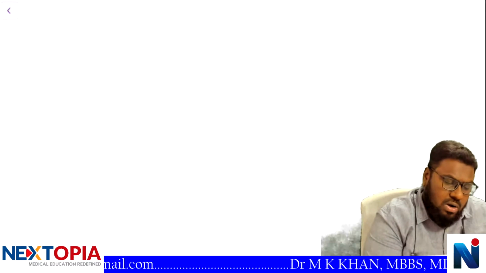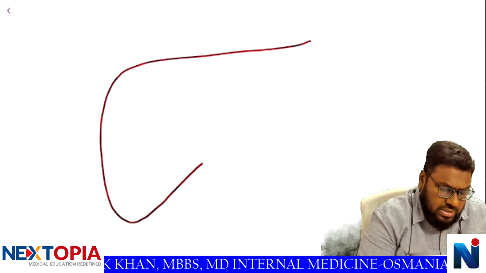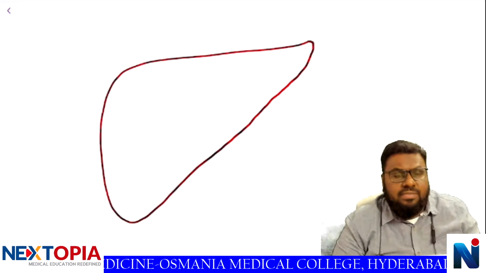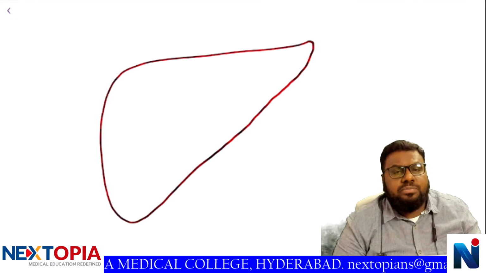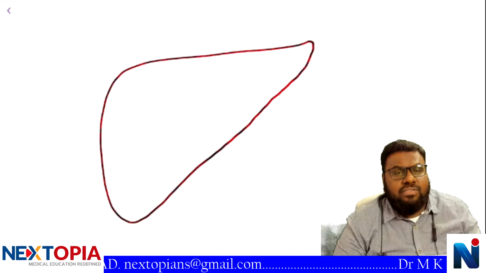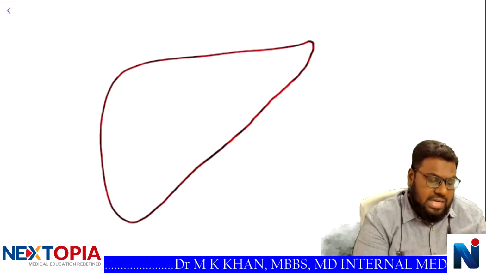So if I draw all of these with the help of a diagram like this, this is the liver. We have the right and left umbilical veins and the right and left vitelline veins which enter into the liver.